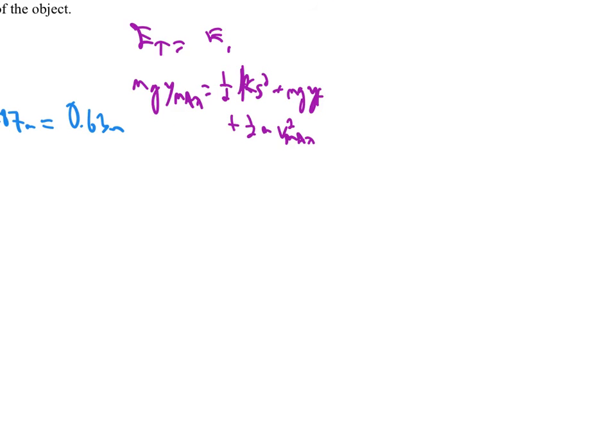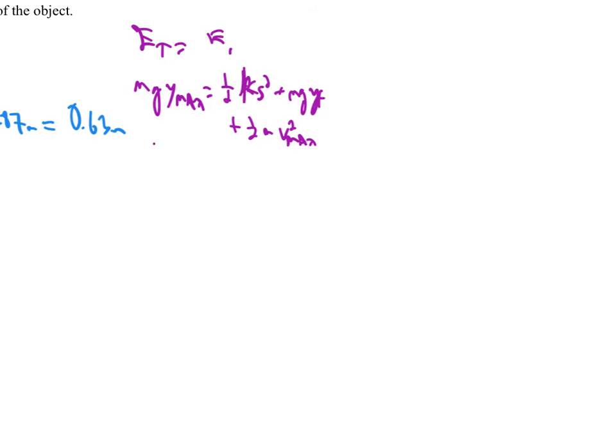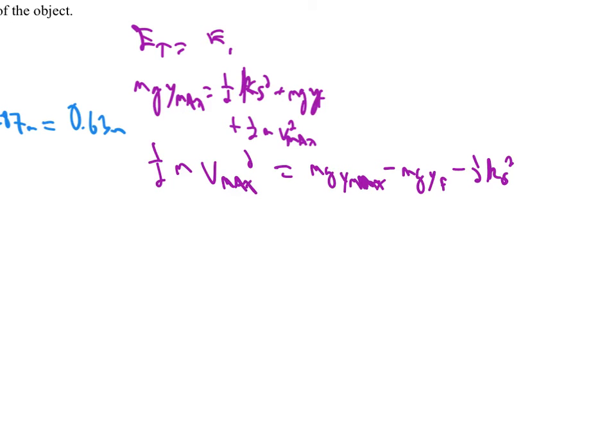And then part D, subpart 3: calculate the maximum speed of the object. So we get 1/2 the mass times v max squared. The rest of this is mgy max minus mgy final minus 1/2 ks squared.